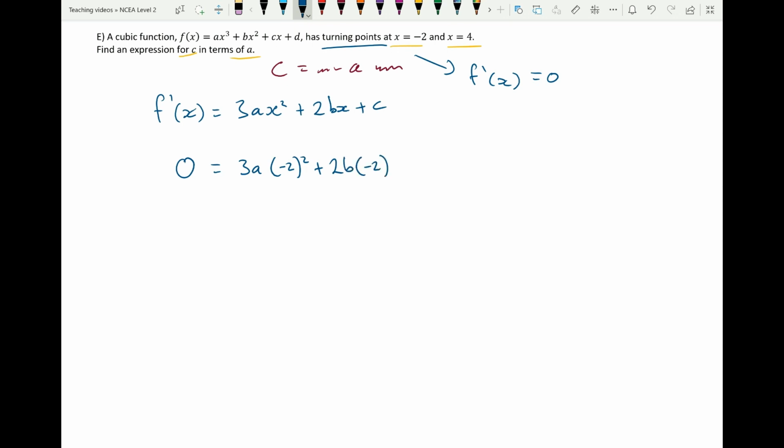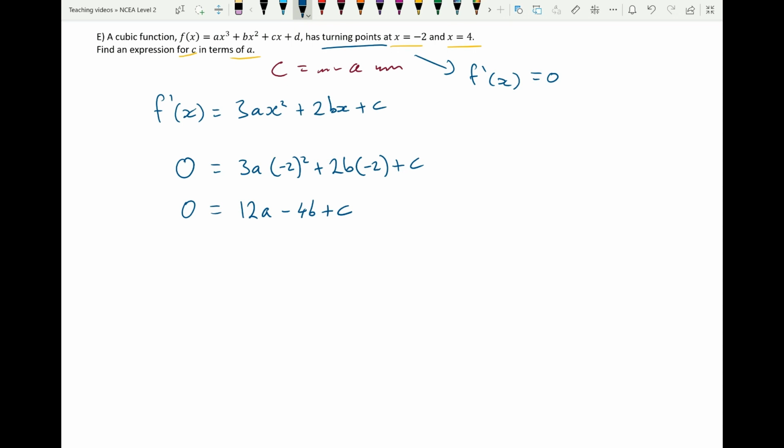So I'm going to put -2 into that one. Before we do the other one, we'll just work this out and simplify as much as we can. So -2 squared is 4, times 3 is 12, so that will be 0 = 12a - 4b + c.